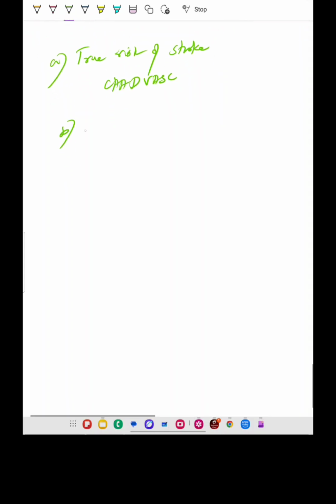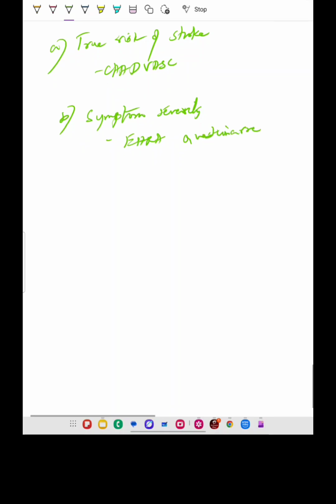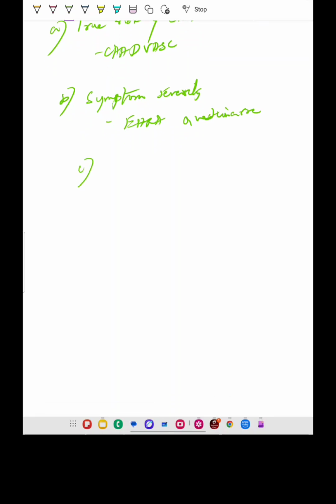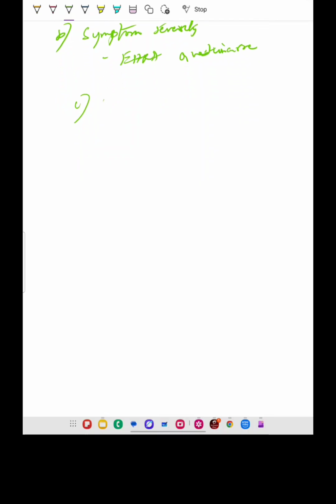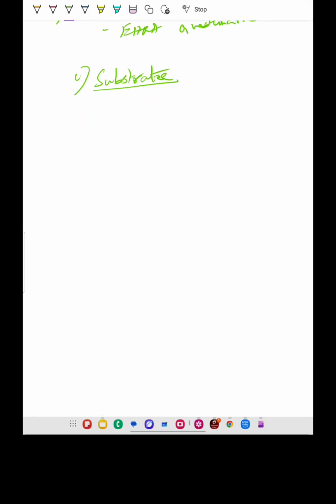Then for symptom severity, you have the EHRA questionnaire. Then to assess your substrate severity, that is how much of your myocardium is scarred.